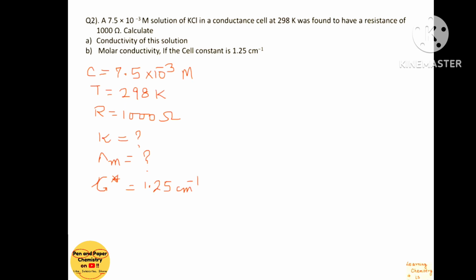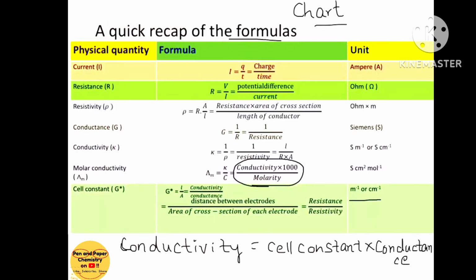There is one relation that we wrote by hand between conductance and conductivity. So you see over here, conductivity is cell constant into conductance, and what is conductance? Reciprocal of R. So would you like to apply this formula in order to determine kappa? Go ahead then.